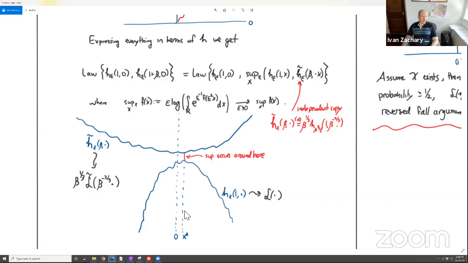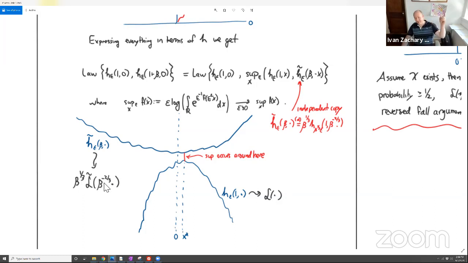Yeah. And so what it really boils down to is that I imagine that I have one curve that's, let's just go back to the Airy minus parabola line ensemble. So I have the top curve, and I'm assuming the parabola is like x squared. And then I have the other parabola, and it's just a rescaling of an independent top curve of the Airy line ensemble, but with this beta to the minus 2/3 and beta to the 1/3.